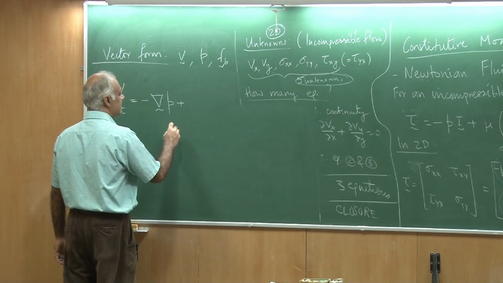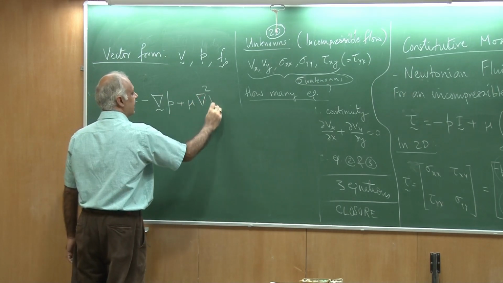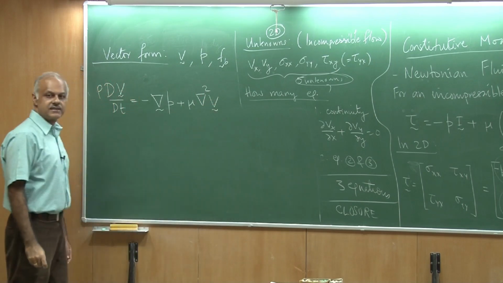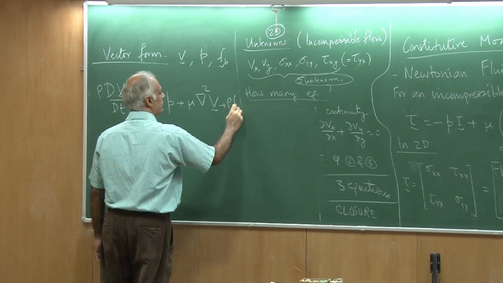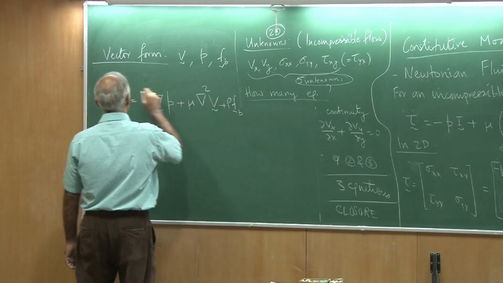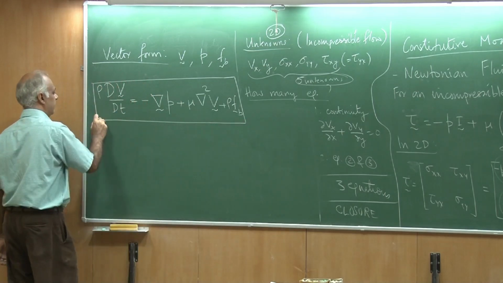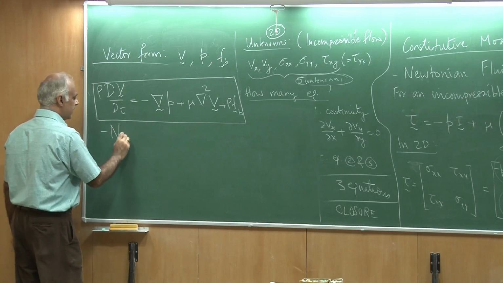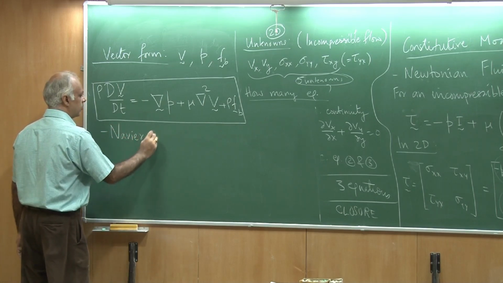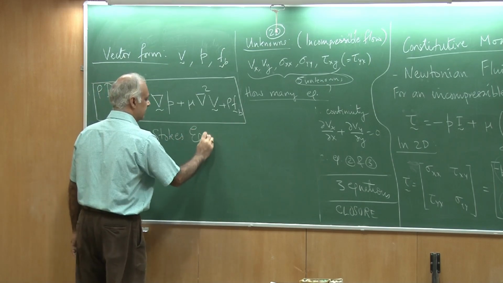And then I have a term for the viscous forces, so that is mu, and it is a Laplacian of the velocity vector, plus I have rho Fb. These equations are known as the Navier-Stokes equations.